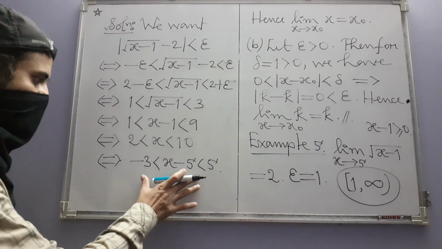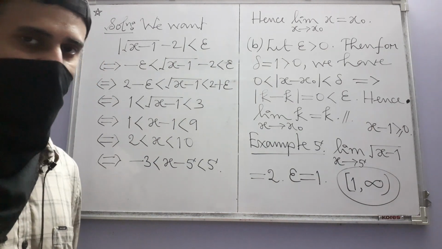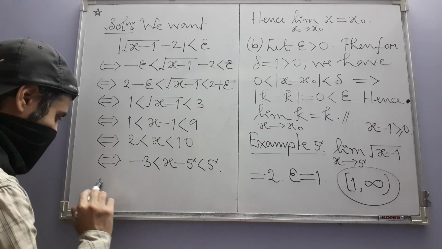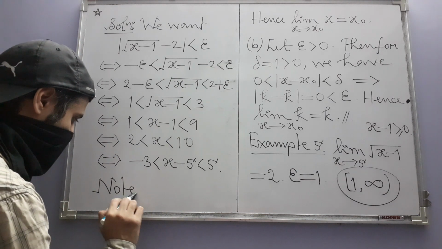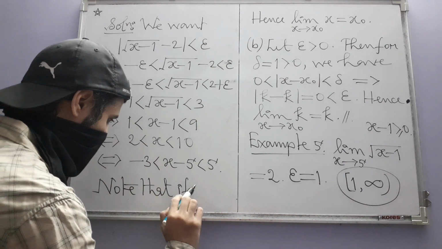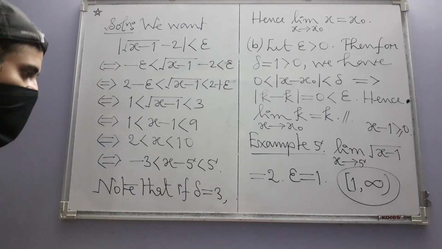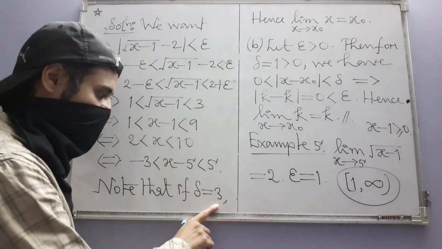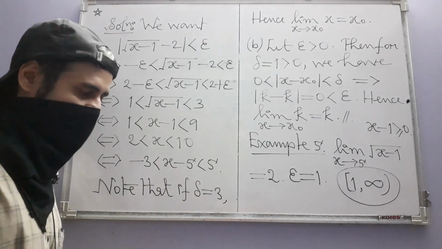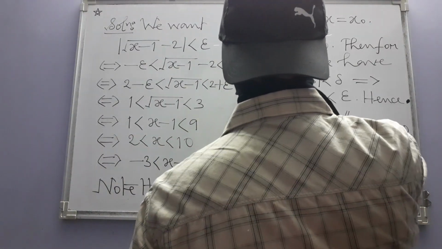But from this now, how can we figure out a delta? Let's see. Note that if delta is equal to 3, we will come to this issue. Okay, suddenly how I am choosing delta to be 3, we will come to that. But let's see what happens if delta is 3.